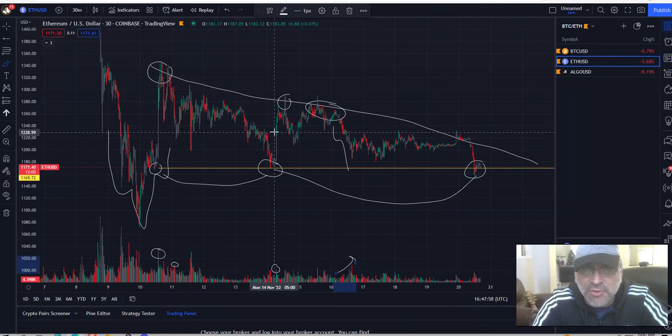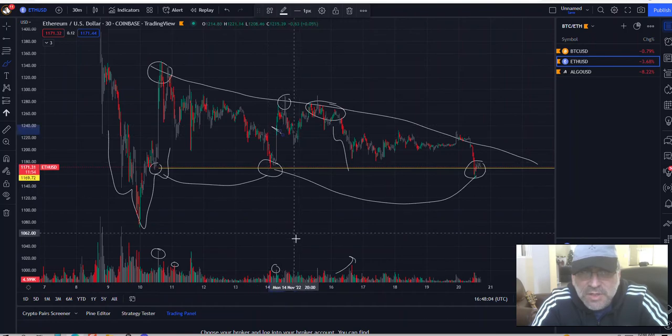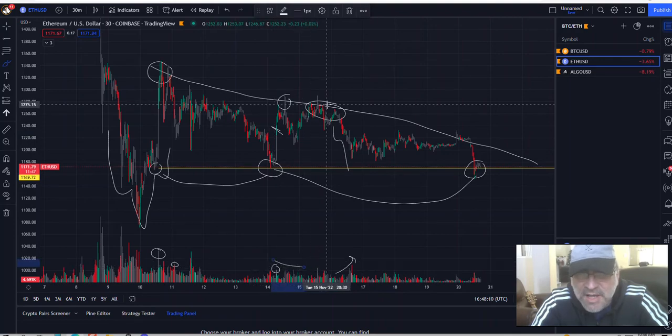We see for the upthrusts, like for example this one here, demand volume shrinking, whereas on the pullback, supply is increasing.